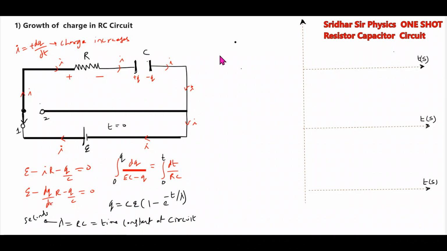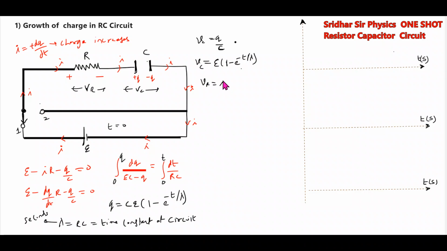Then after getting this charge, we get the voltage drop across the capacitor, which is Q by C, equal to E times 1 minus e to the power of minus t by lambda.